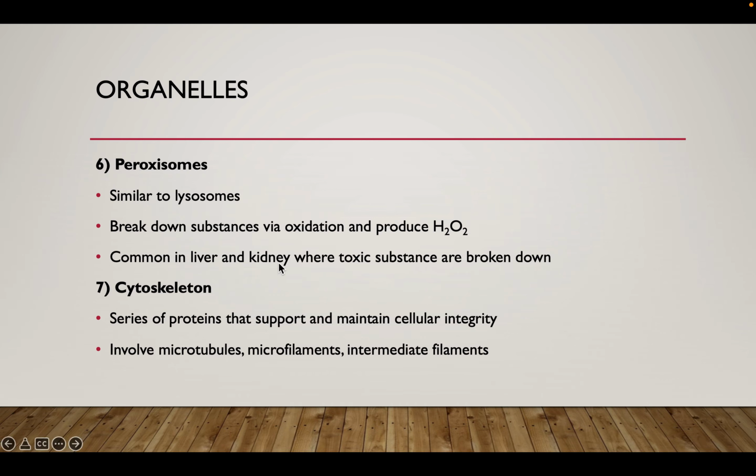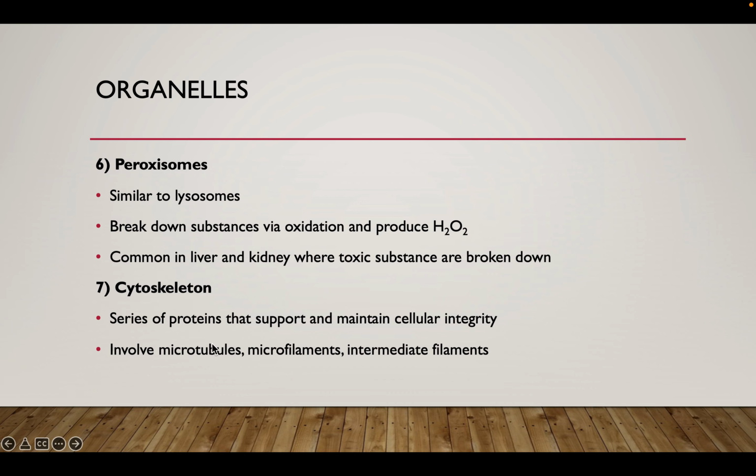Now, our cytoskeleton is our next one. What these are is a series of filaments and proteins that serve to support the cell, maintain its integrity, as well as participate in some cellular functions like cell division or mitosis. So you have microtubules, microfilaments, and intermediate filaments. Intermediate filaments really should be in the middle because it's the mid-size one.